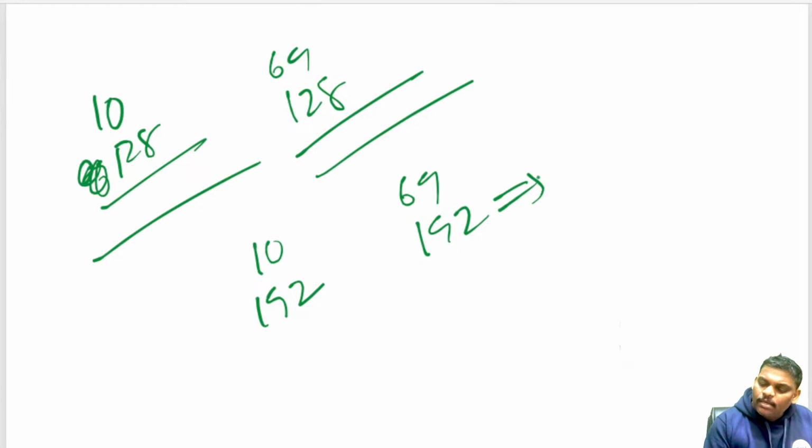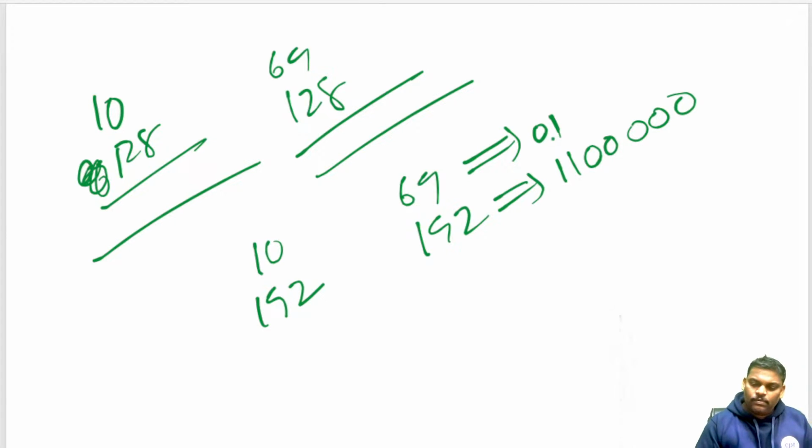So 69 can be written like this, and 192 can be written like this. 69 is 64 plus 5, so 0 1 0 0 0 1 0 1, with the remaining all zeros.